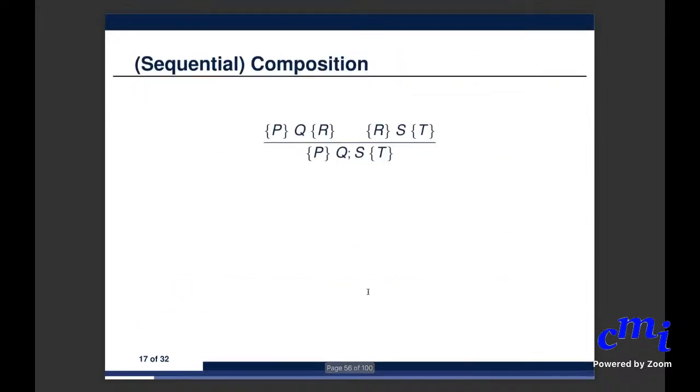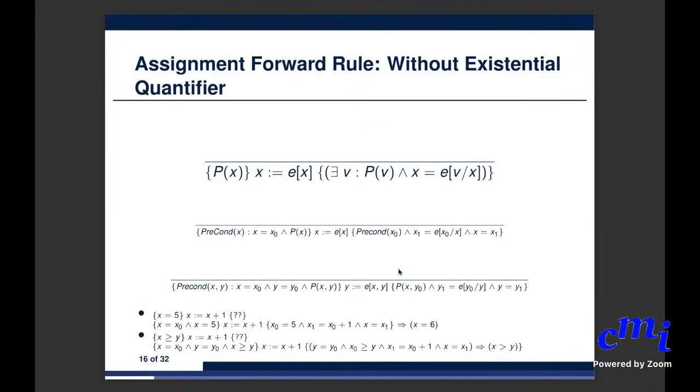So what are the other things? The skip and the assignment statement are the only atomic commands. These rules define the meaning of the whole triple, one by defining the weakest precondition and the other by defining the strongest postcondition.